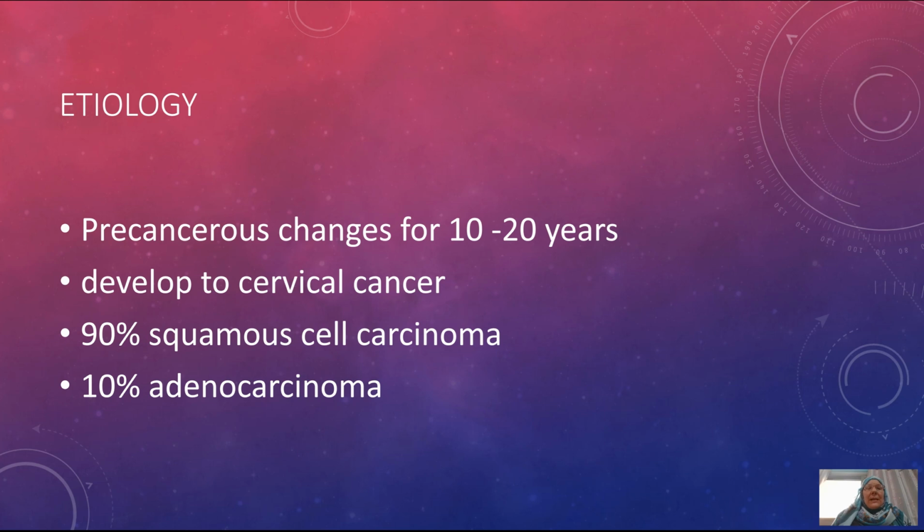Not all precancerous changes will stay, but the majority will actually regress, and some might develop into cervical cancer. 90% of cancers are squamous cell cancers and 10% adenocarcinomas. Those are related to the columnar epithelium found inside the cervical canal, and they are not picked up by cervical screening programs.